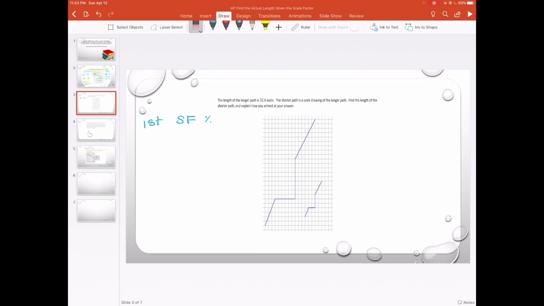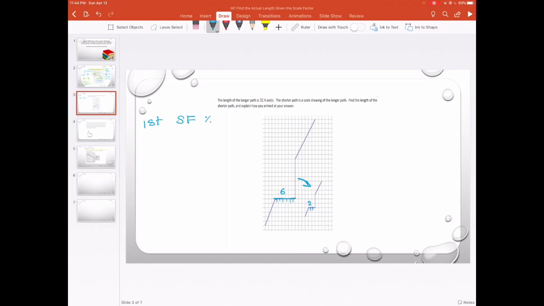I'm going to use either this side or this side. I can use either side. I'm going to use the shorter side. Let's count 1, 2, 3, 4, 5, 6. So I have 6 units here and I have 2 units here. So it went from 6 to 2.